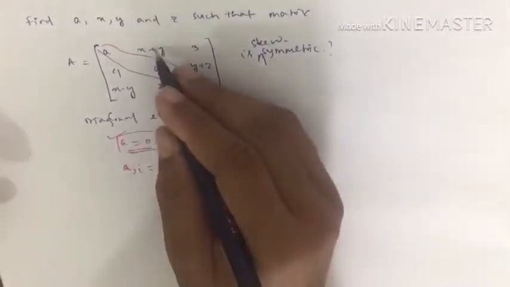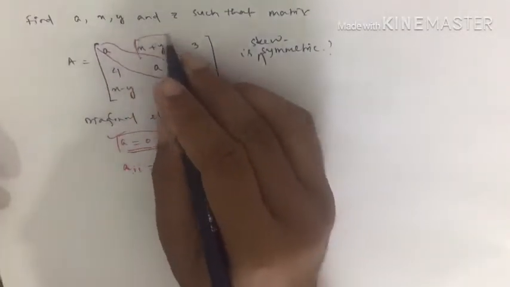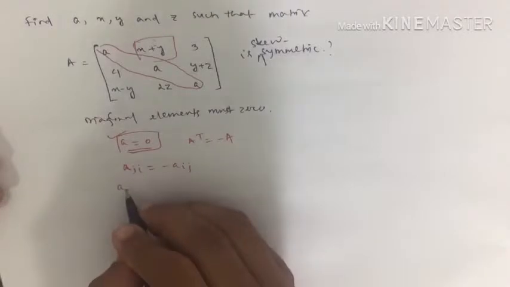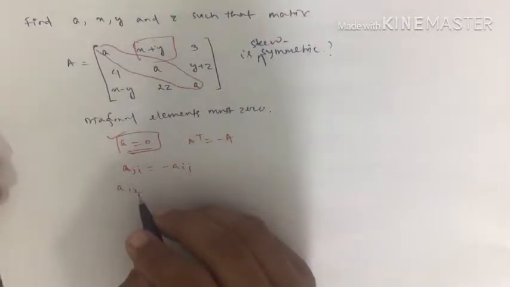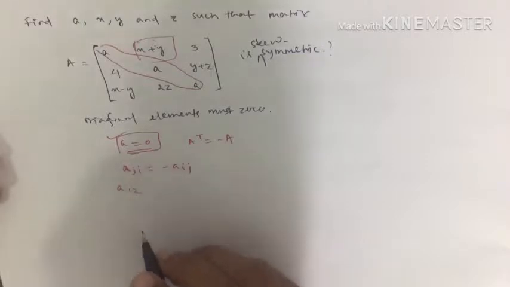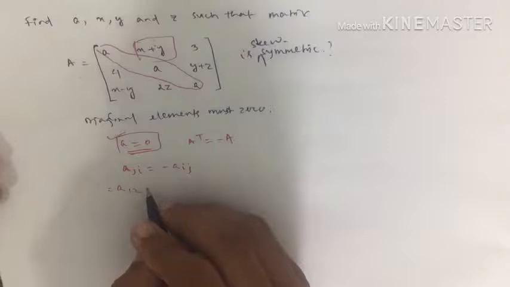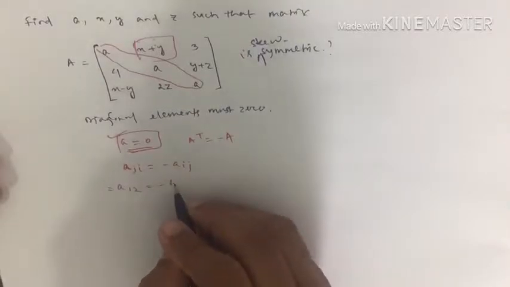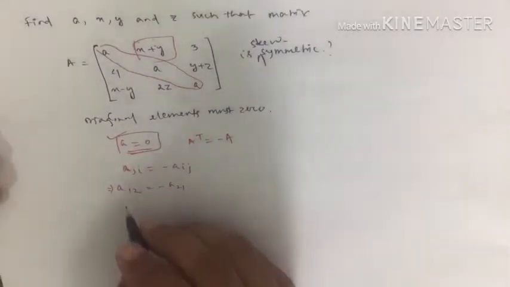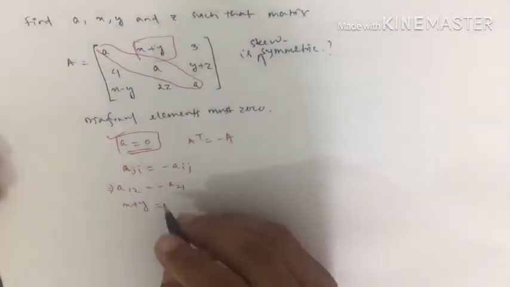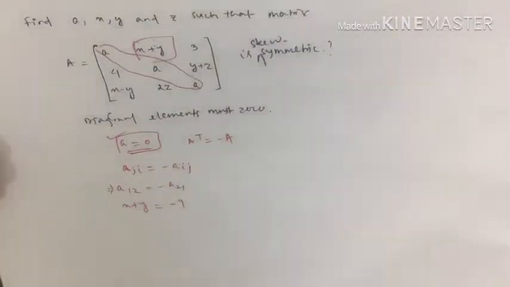So here, first check for a12. So a12 equals minus a21 simply. So just take a12, which is x plus y in any way, equals minus 4.